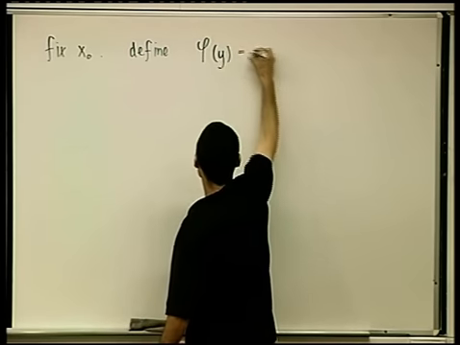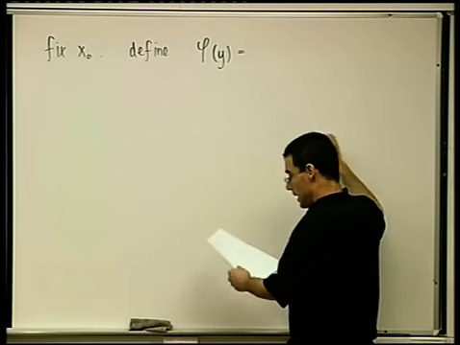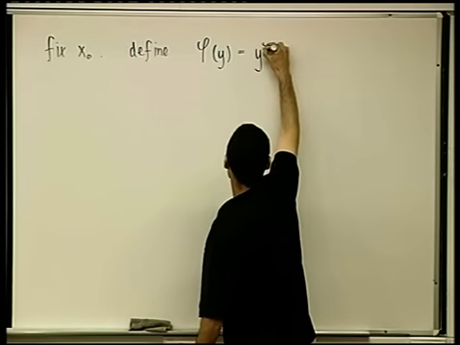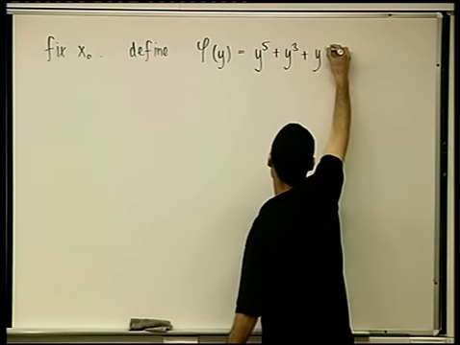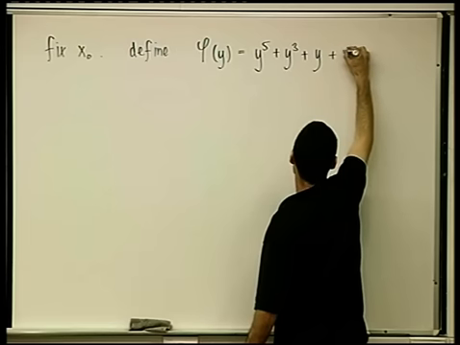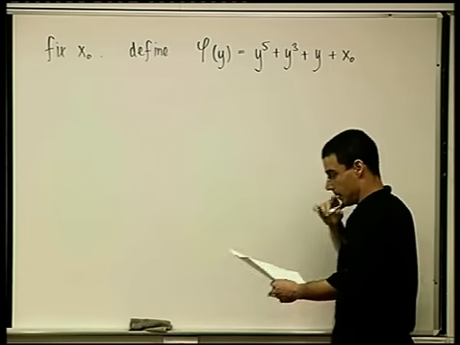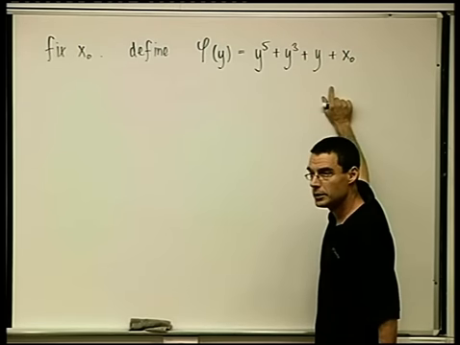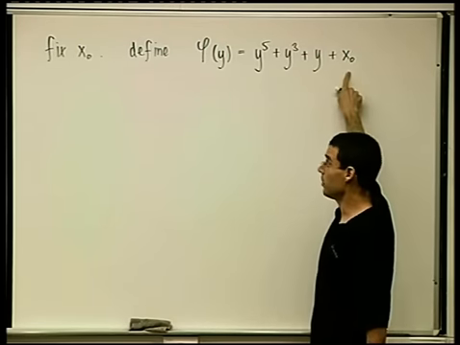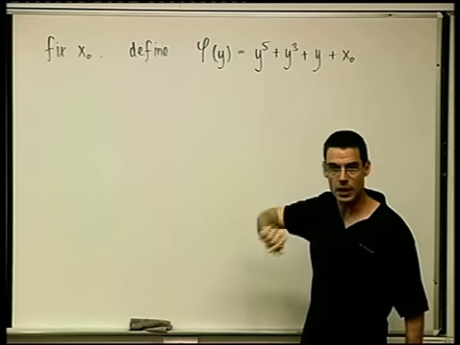Phi of y is a function of a single variable y, defined as y to the power 5 plus y to the power 3 plus y to the power 1 plus x0. So x0 is now fixed, so this is just a function of y. X is no longer a variable. I fixed a specific x0.